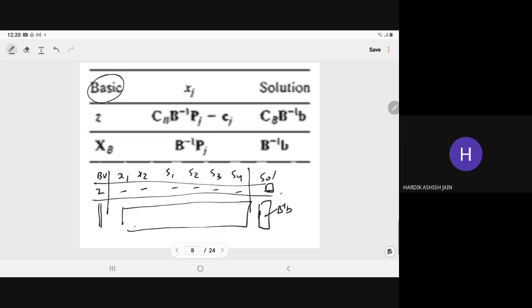This is the CB B inverse B, and this is the CB B inverse PJ minus CJ, and this is the B inverse PJ, where PJ is what? PJ is the jth column of matrix A, right?